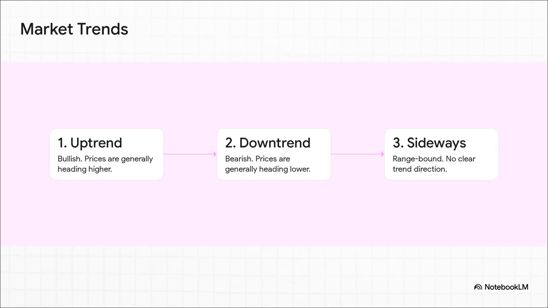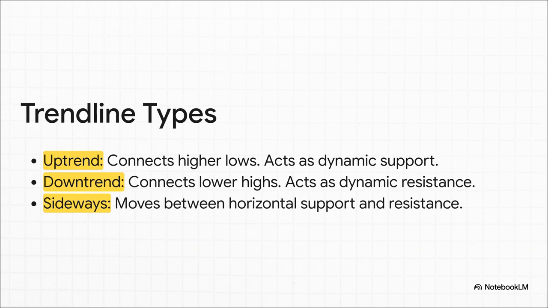And if you think about it, the room can only really be tilted in three ways. You can have an uptrend, which we call bullish, where prices are generally climbing higher. You can have a downtrend, a bearish market, where prices are falling. Or, of course, the room can be flat, with the price just bouncing back and forth sideways. Let's break that down just a bit more. In an uptrend, think of the whole floor as being tilted upwards.